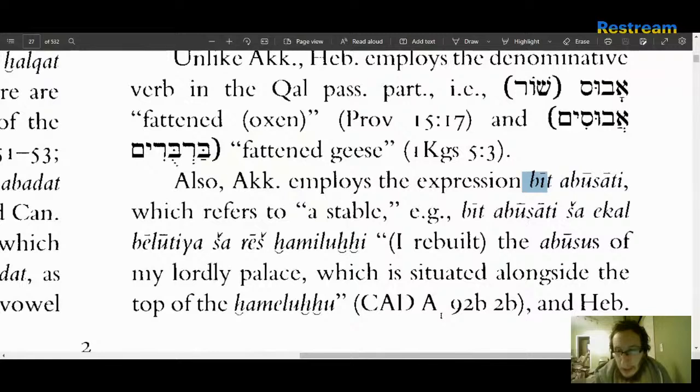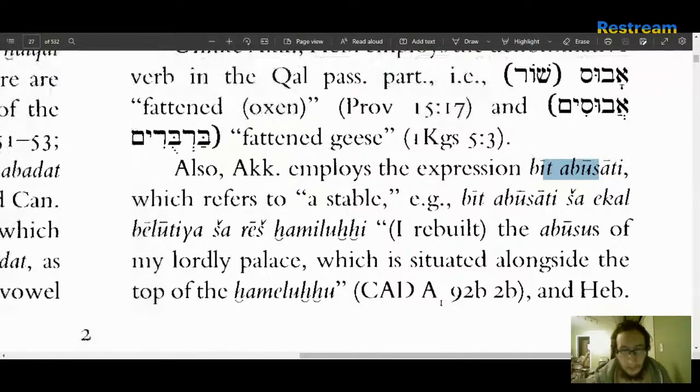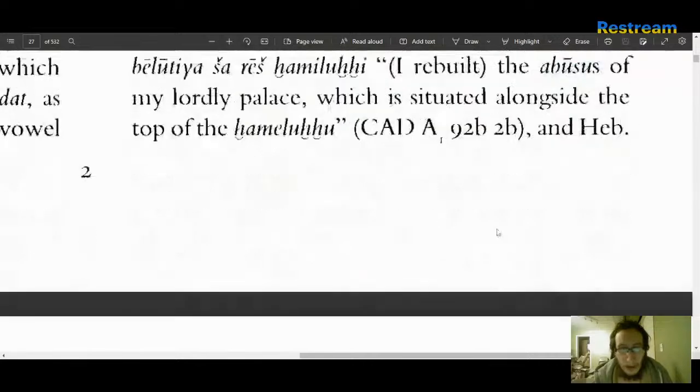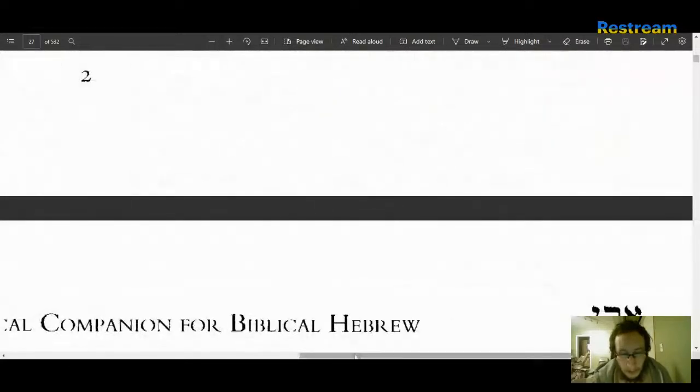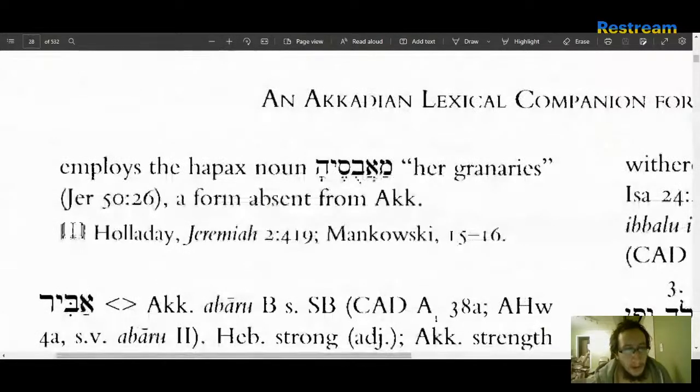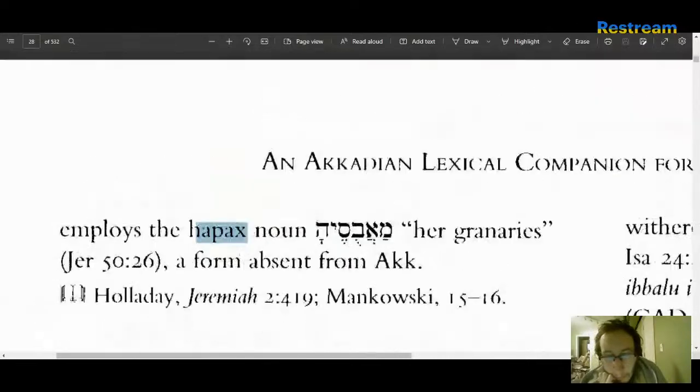House is bit and Abus is the stable, so house of the stable. And the Hebrew, let's see. The Hebrew employs the hapax noun from her granaries, a form absent from Akkadian. Let's see.